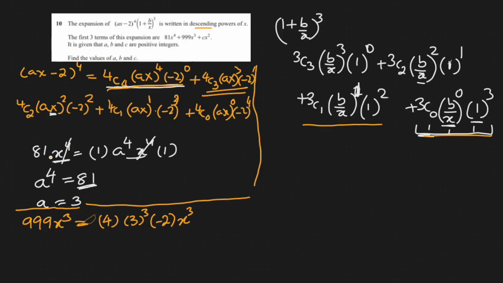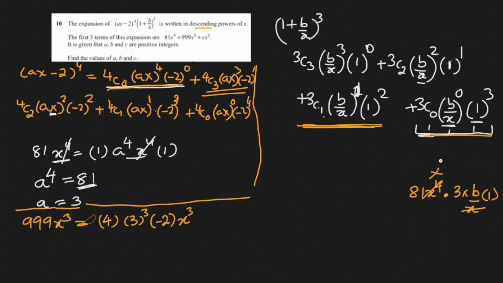81x to the power 4 multiplied by this term, which is 3C1, 3, multiplied by b over x to the power 1, b over x, and 1 squared is 1. Can you see? This is 4, this is minus 1, so they will cancel and it will become x cubed.